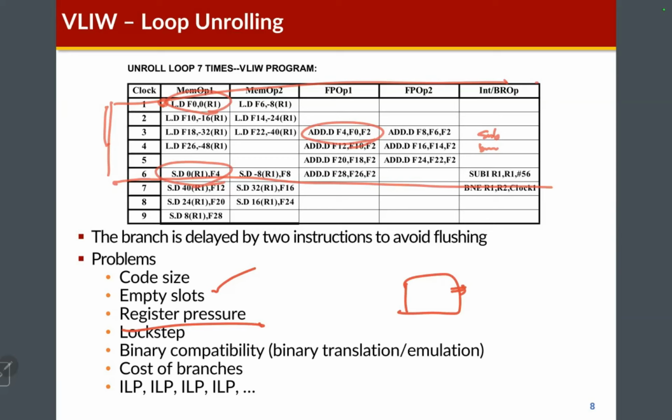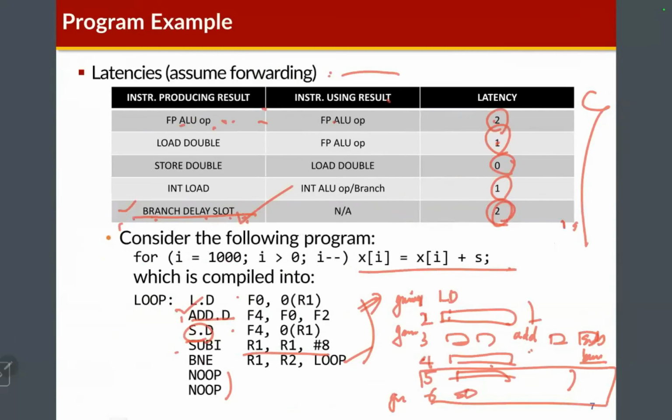Binary compatibility. Binary compatibility means that, as I already explained, compilers need to know the detailed architecture or detailed information of the VLIW hardware, like this one. For example, our code can be compiled by a certain compiler for VLIW1. So this is the binary file.